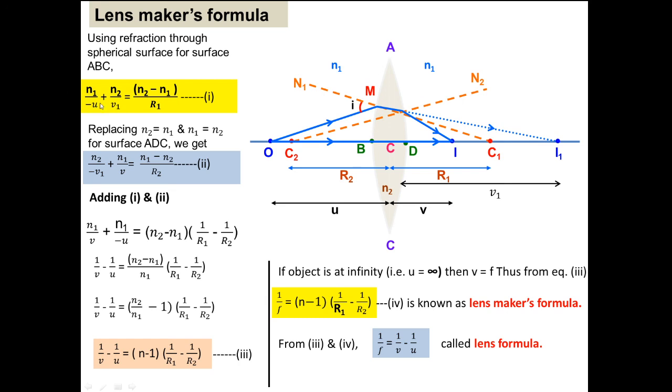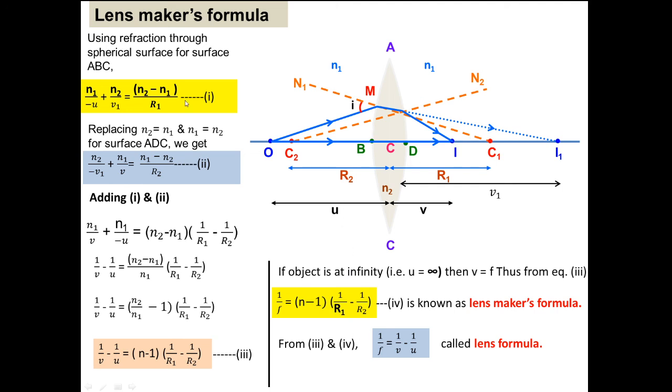N1 by minus U plus N2 by V1, that is the image distance, this distance, equal to N2 minus N1 by R1. Now for the second surface, how can we obtain it? For the second surface, that is ADC, the object is in the denser media N2 and the image is in the rarer media.